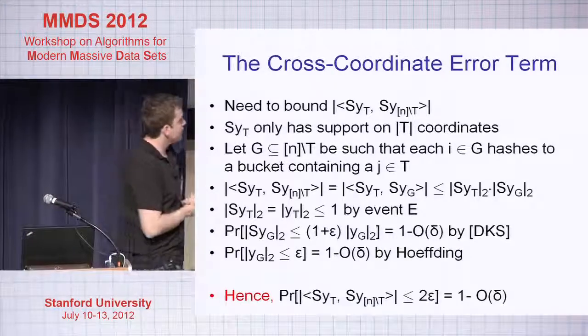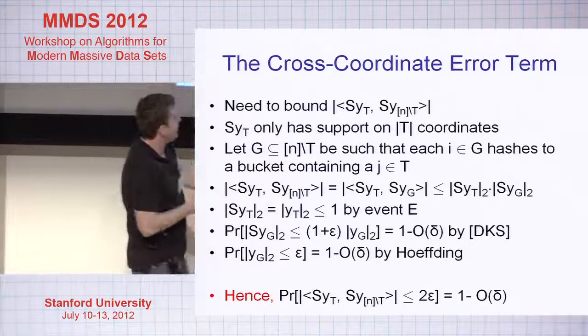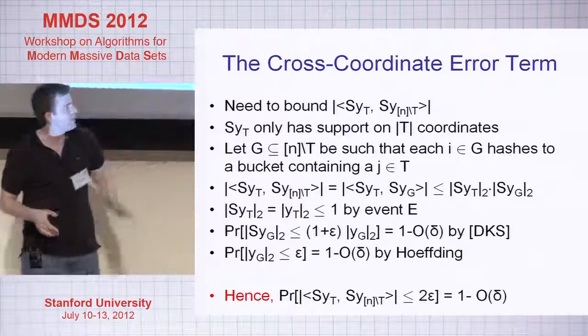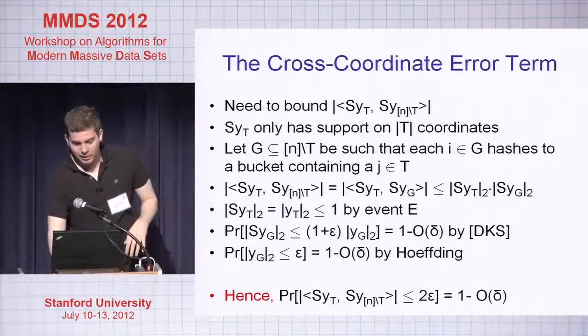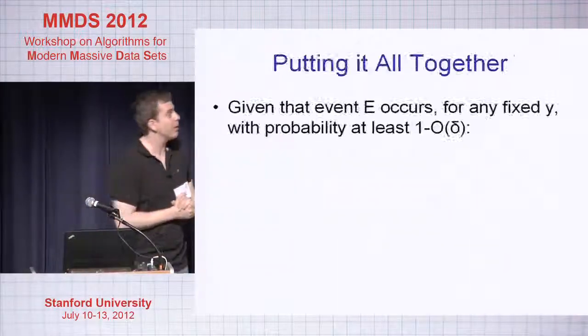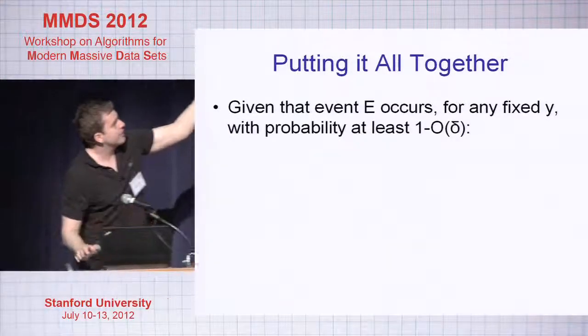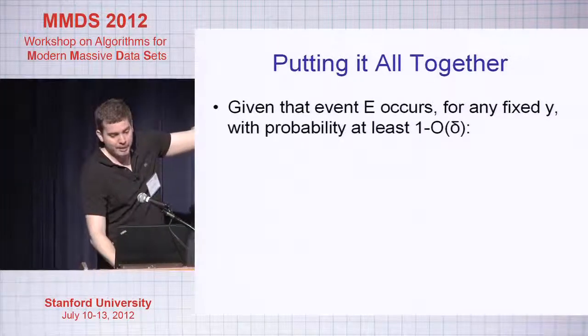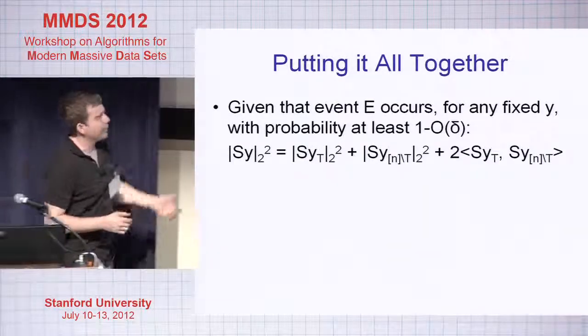So just combining all these things, we get that the probability that this cross term exceeds 2 epsilon is very small, at most order delta. And now we can just put it all together because given that this event E of perfect hashing occurs, then for any fixed y with very high probability, we have the following.